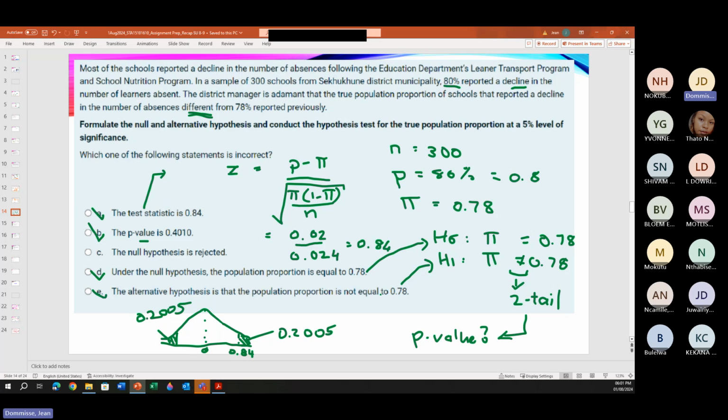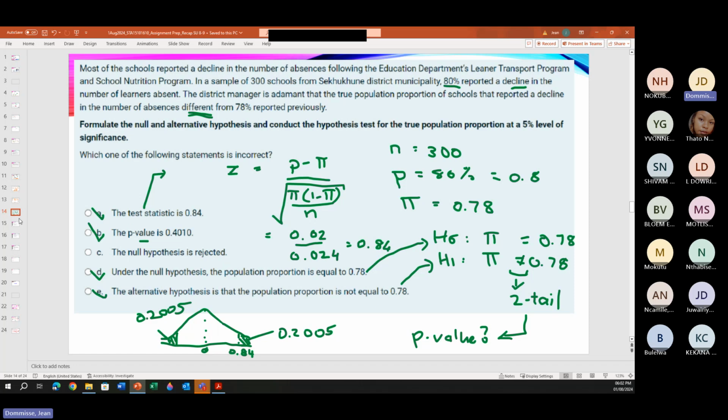So just for this one, because of the not equal is the only time that we will work with a two tail. So that means that that p-value is actually both of those sides.